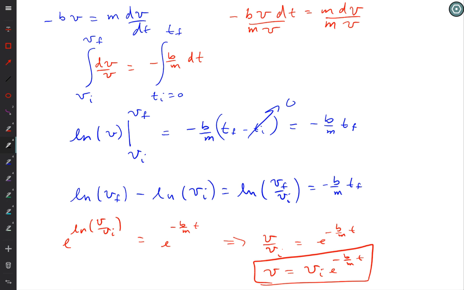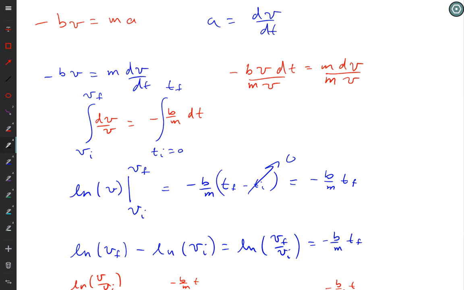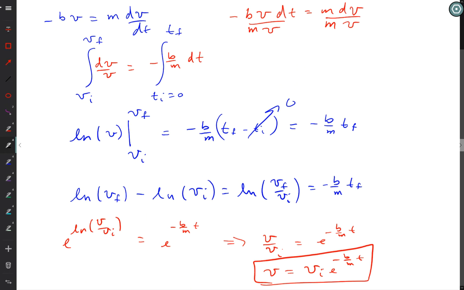With this here, if I were to integrate, I would have dx is equal to v initial e to the minus b over m t dt. That's using v equals dx/dt and doing it one step short. The integrals with the limits.